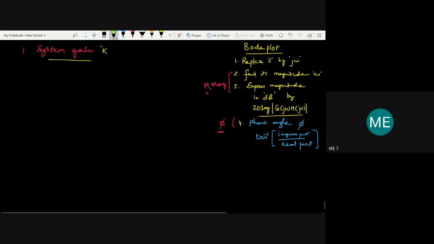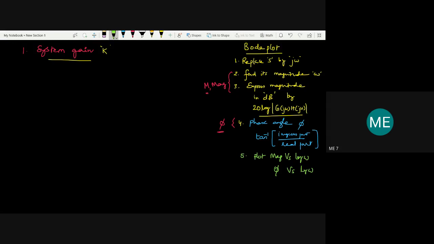And finally, plot the magnitude as well as the phase angle against log omega. Plot magnitude versus log omega, and phase angle versus log omega, with omega varying from 0 to infinity.